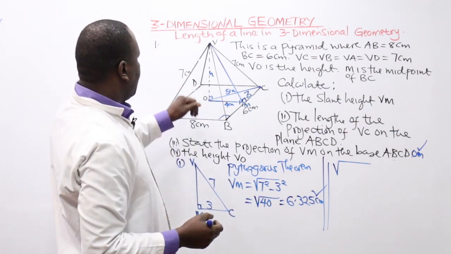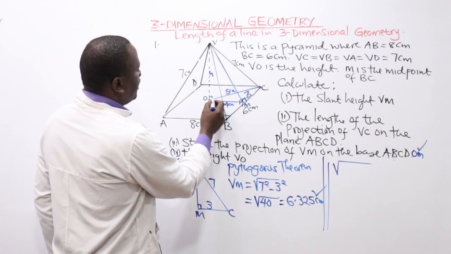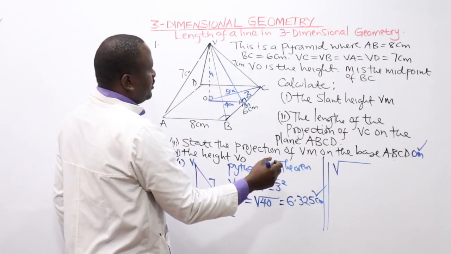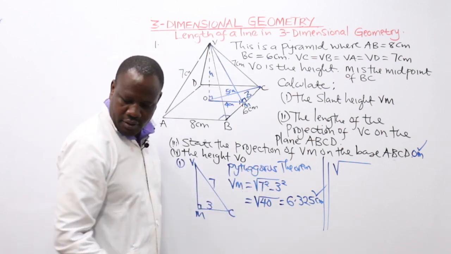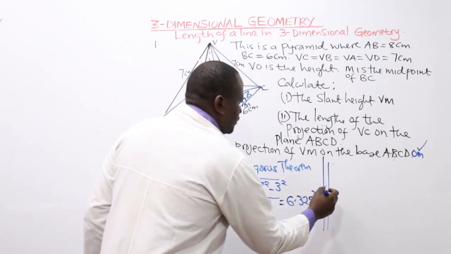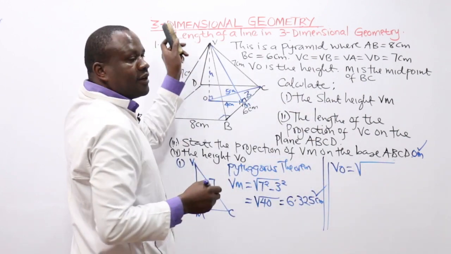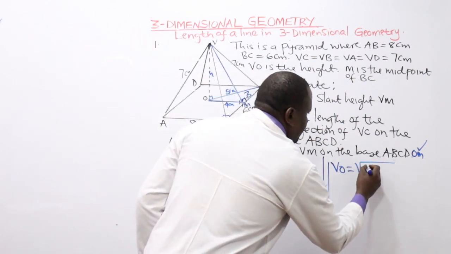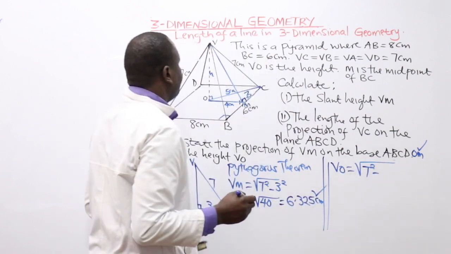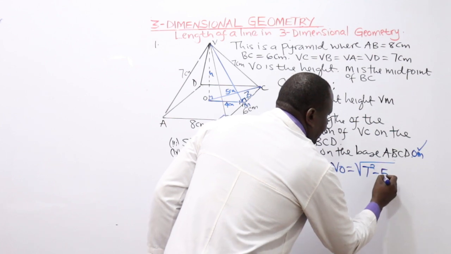Now, this is the longest side. Because this angle is 90, VO will be the square root of the longest side, 7 squared minus this short side, 5 squared.